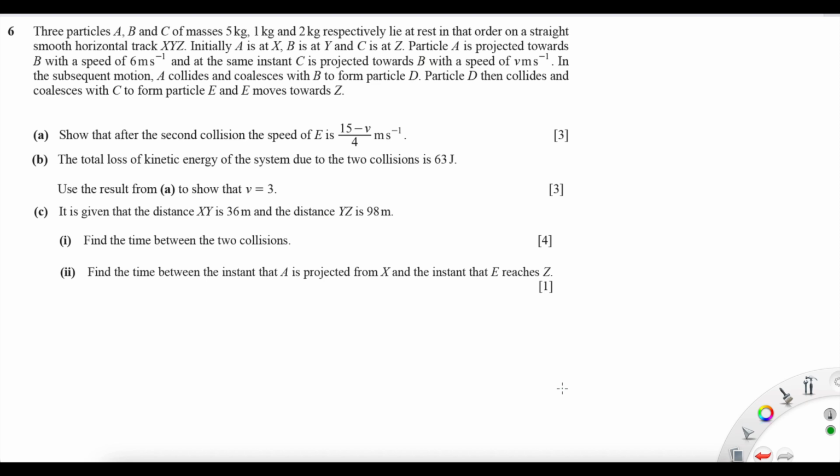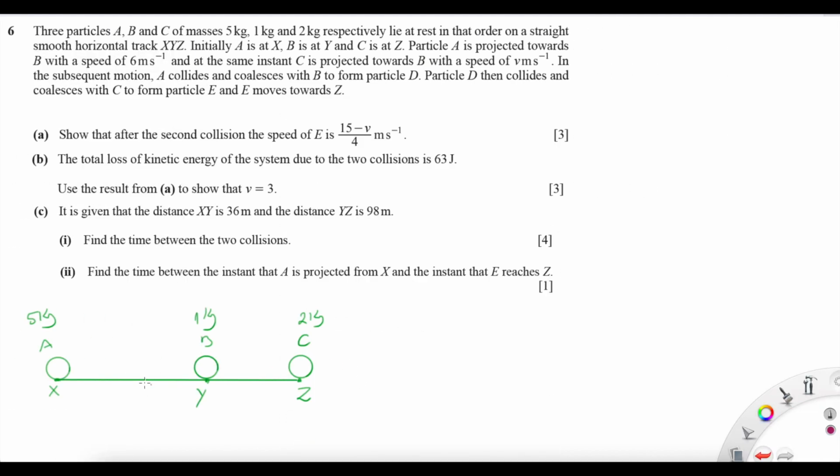Part C, it's given that the distance XY is 36 meters and the distance YZ is 98 meters. Find the time between the two collisions. The second part of part C, find the time between the instant that A is projected from X and the instant that E reaches Z.